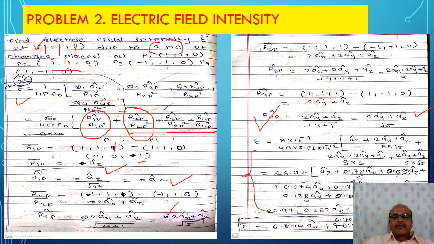Then next term, that is the third point we have to mention. We have calculated this R3P cap, 2a_x cap plus 2a_y cap plus a_z cap we have mentioned here. Then this R3P, 3 square is 9, and the remaining term is this term, means this term we have to directly fill up here, that is 2a_x cap plus 2a_y cap plus a_z cap upon 3, this is 3.